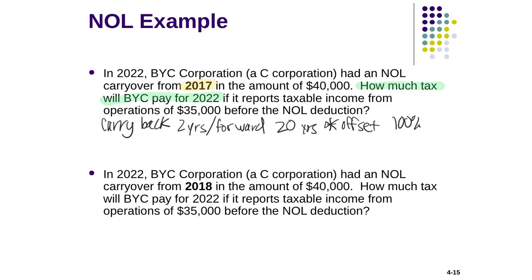So then if we look at the facts from our problem, we have our taxable income of $35,000 and an NOL of 40. So since we are allowed to offset 100% of our taxable income, 40,000 is greater than 35,000.